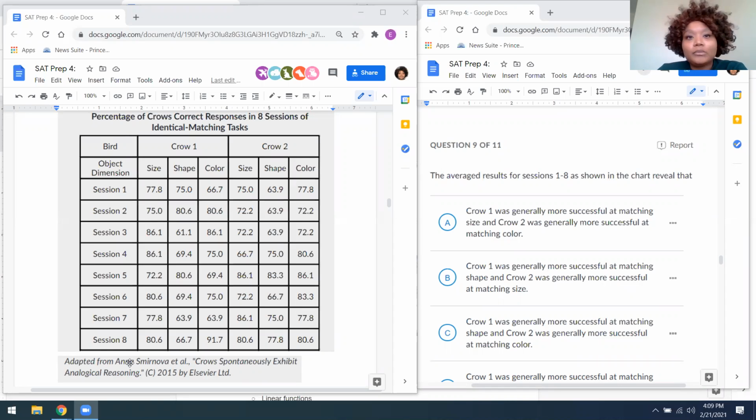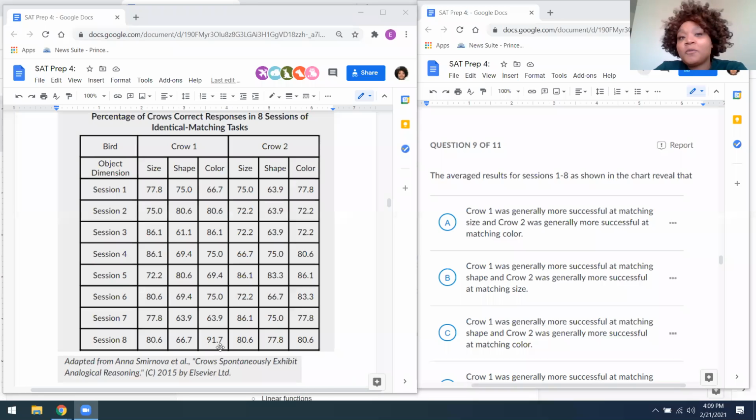Mm-hmm. So for crowd 1, I chose size because it mainly has between 70% and 80% in comparison to the other two, shape and color. It has a very high percentage. Mm-hmm. And for crowd 2, I chose color because it has the highest percentage too. All right, that's perfect. Yeah, A is correct. Thank you very much.